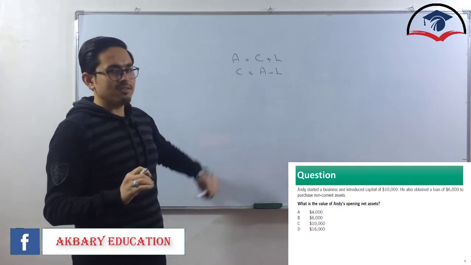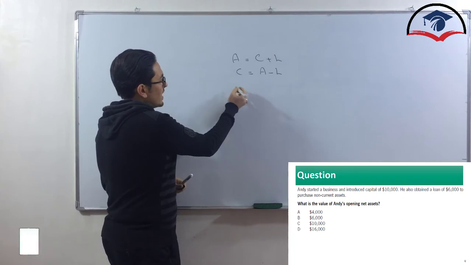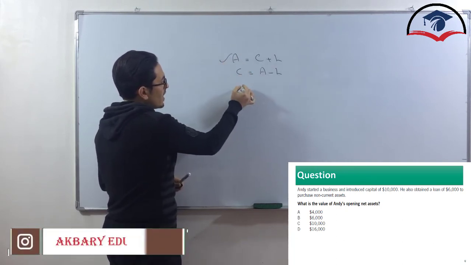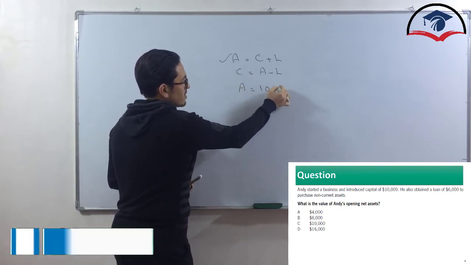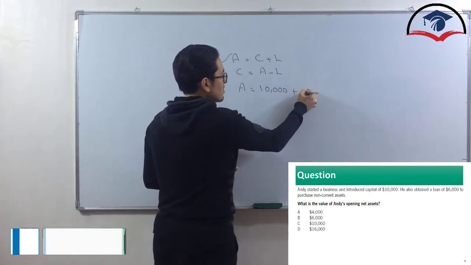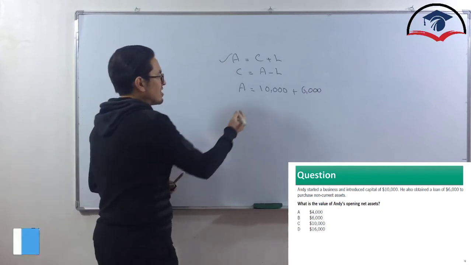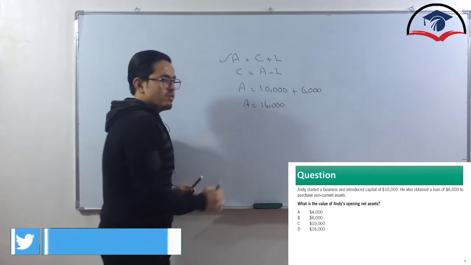But if we go by the formula, the capital is now clear, $10,000, plus the liability of the business, $6,000. Both together will end up at 16,000. So A is equal to $16,000.